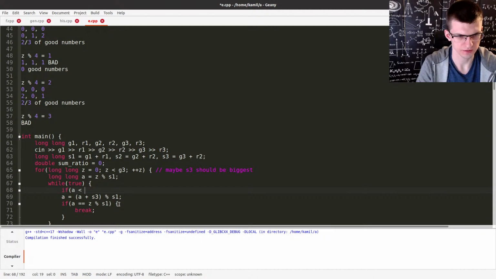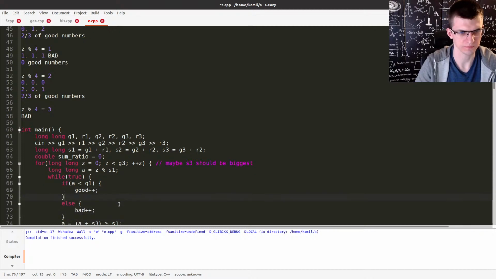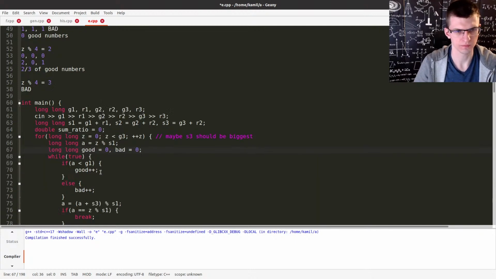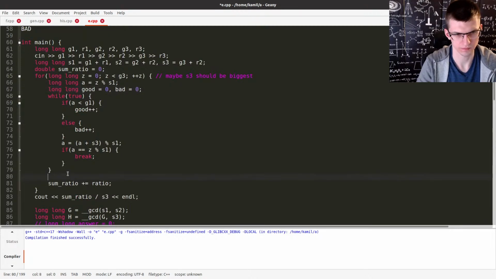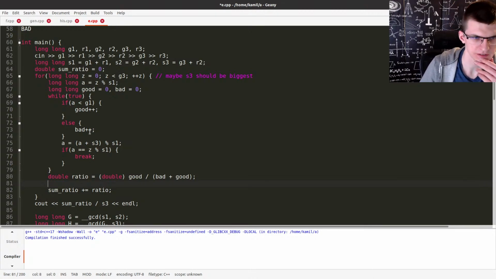If A is smaller than green 1, good plus plus, else bad plus plus. And then we need to do the same with the second value, so green 2 and S2.